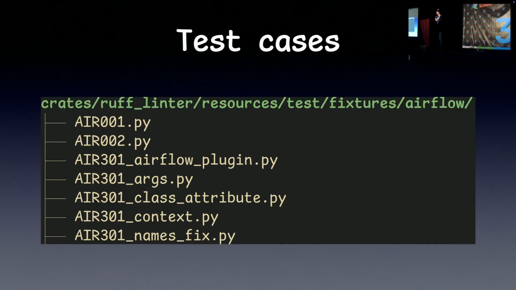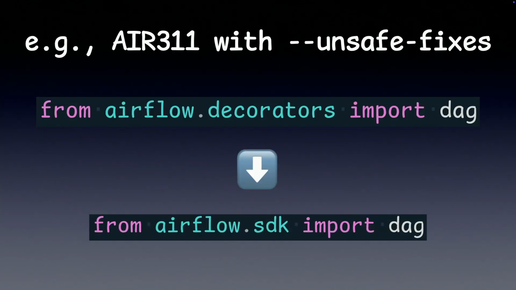Of course, we also need to add some unit tests to ensure our rule actually works as we expected. So let's go through the simplest example to see how it works under the hood. We try to change the import from airflow.decorators import dag to its Airflow SDK counterpart.